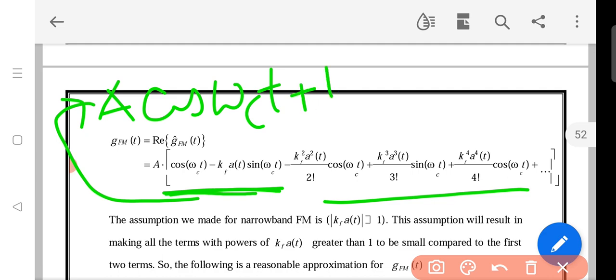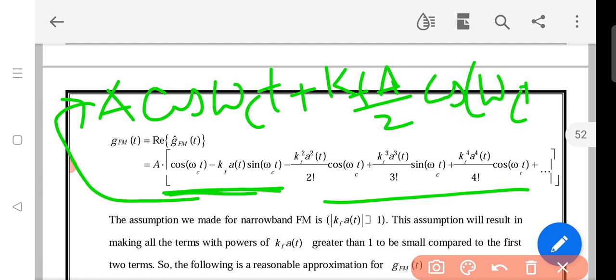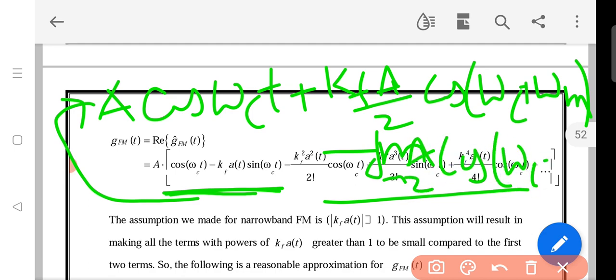plus kf A by 2, cos(omega_c plus omega_m), minus kf A by 2, cos(omega_c minus omega_m), and so on.